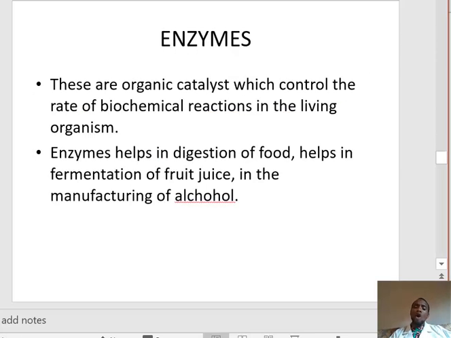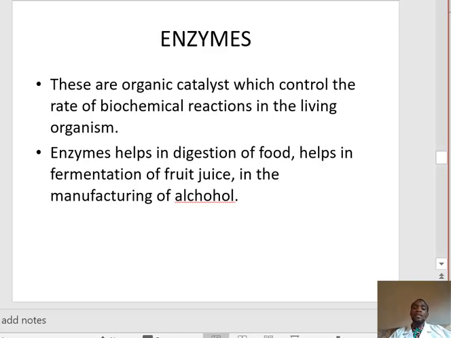We also have some other catalysts, enzymes. They are also catalysts. These are organic catalysts which control the rate of biochemical reactions in living organisms. Enzymes help in the digestion of food. They also help in the fermentation of fruit juice, in the manufacturing of alcohol.